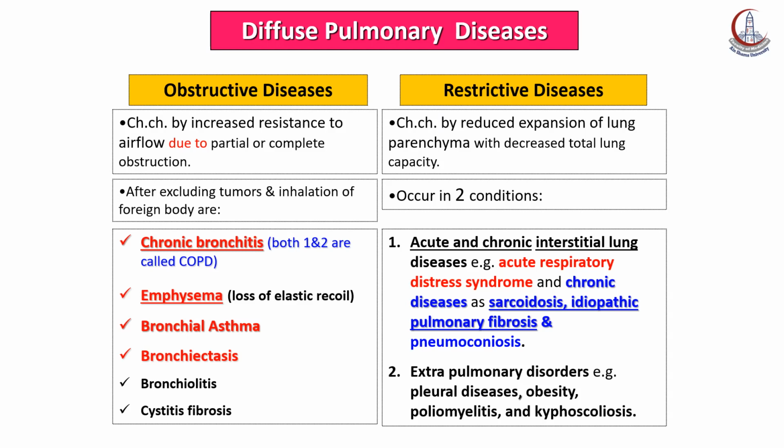Extrapulmonary causes like pleural diseases, obesity, poliomyelitis, and kyphoscoliosis lead to decreased expansile capacity of the chest wall, leading to reduced capacity of the lung parenchyma to expand to take air.